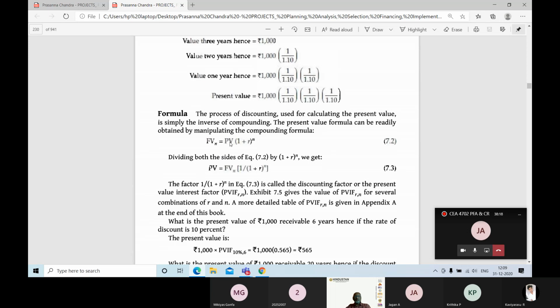This is a compounding factor. We need PV now, so PV is equal to the future value into 1 by (1 plus r) whole power n, dividing both sides.